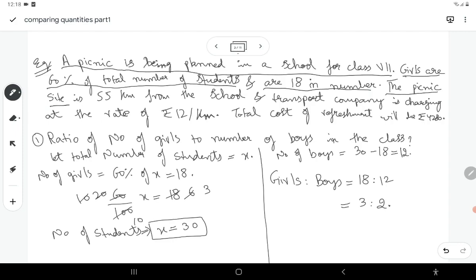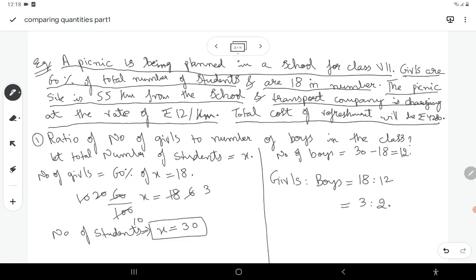The picnic site is 55 km from the school, and the transport company is charging at the rate of 12 rupees per kilometer, and the total cost of refreshment will be 4280. Now let's see the first question. It says to find the ratio of the number of girls to the number of boys in the class. So how can we find the ratio? By knowing the total number of girls and the total number of boys and then finding the ratio.